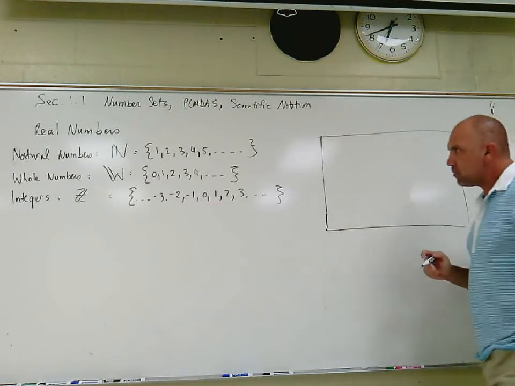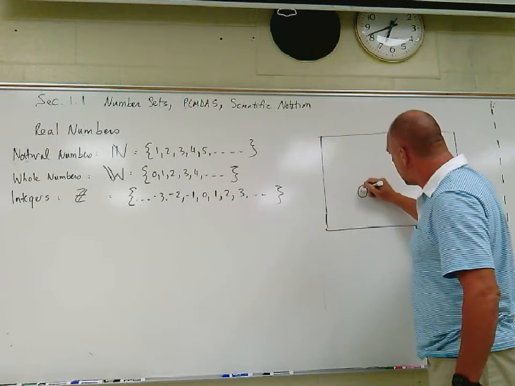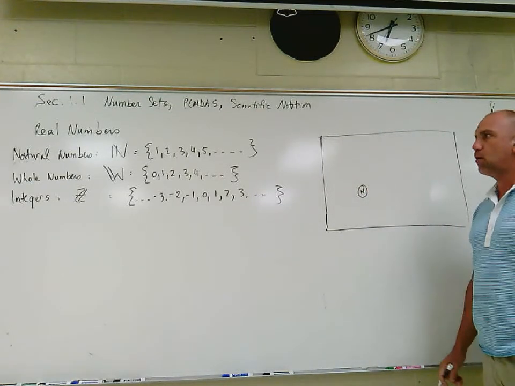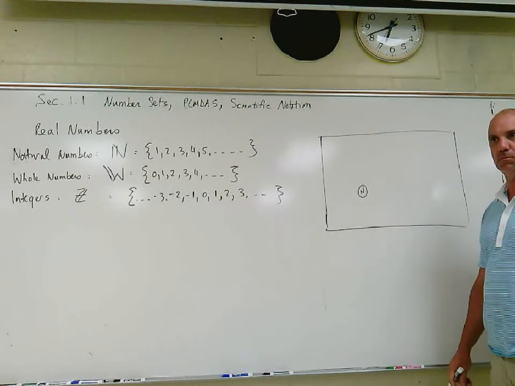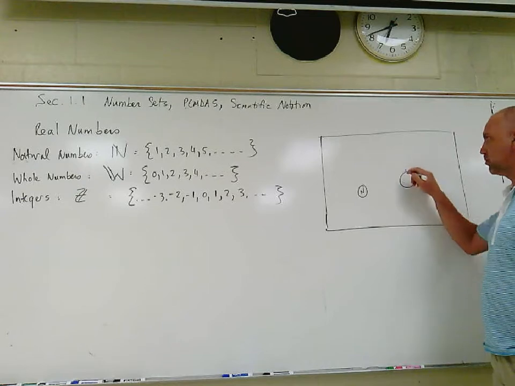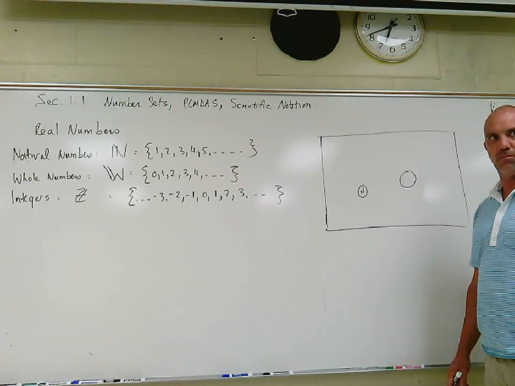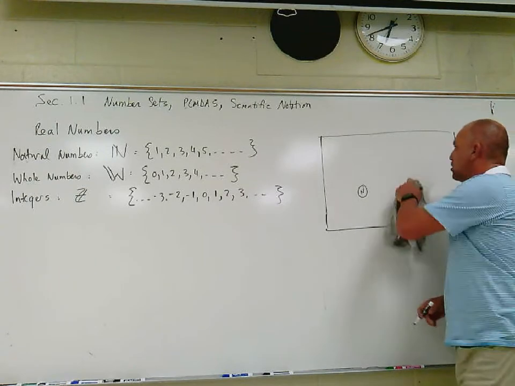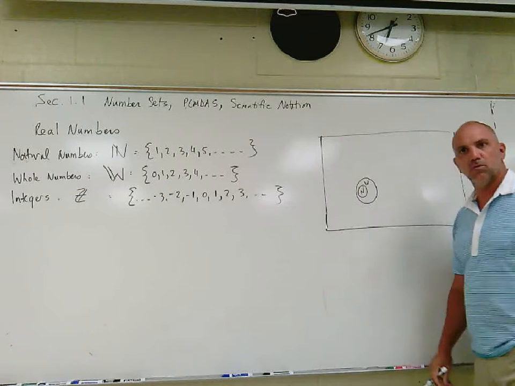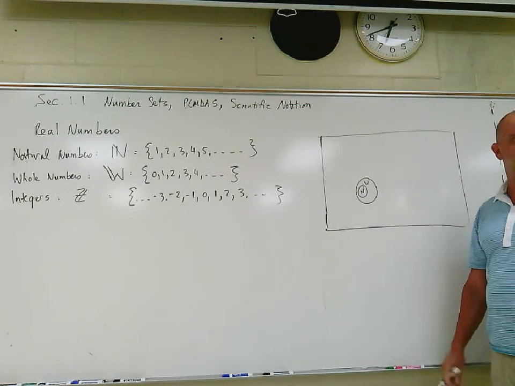So just to kind of show. If I start with just a set of natural numbers, just say they're all in that circle right there. Where would I put the whole numbers? Would I put them over here somewhere separate? No, around. Because the whole numbers contain the natural numbers. See, so I can use Venn diagrams like this to show.